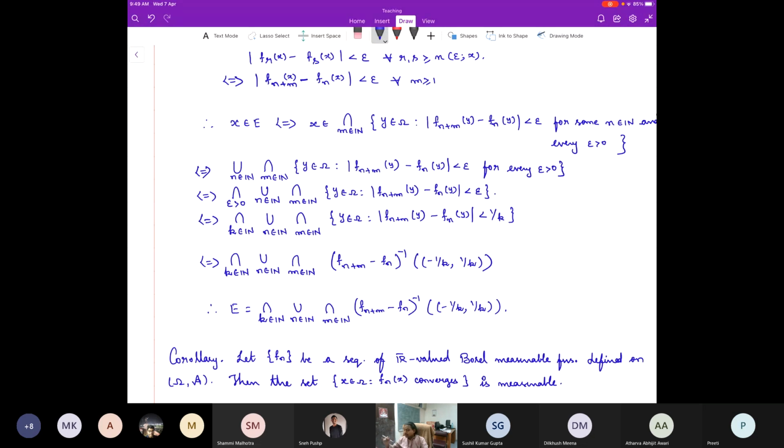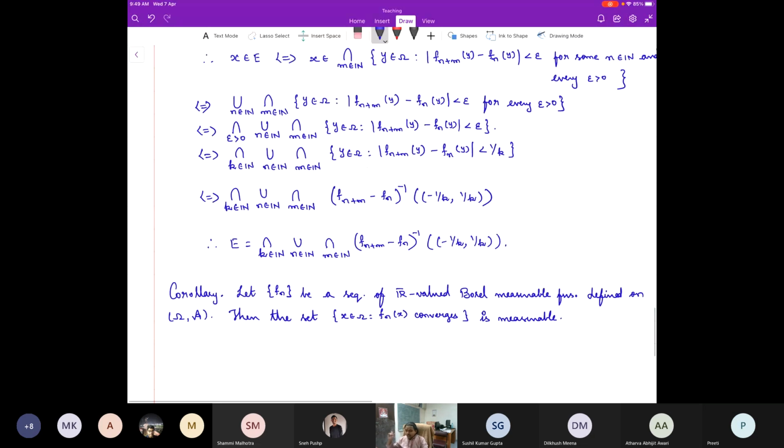So once you have understood the notion of convergence, then things should be easy. That's the whole idea. Because if you assume that all these are Borel measurable, this interval is Borel measurable, functions are Borel measurable, and therefore this set E is going to be a measurable set.